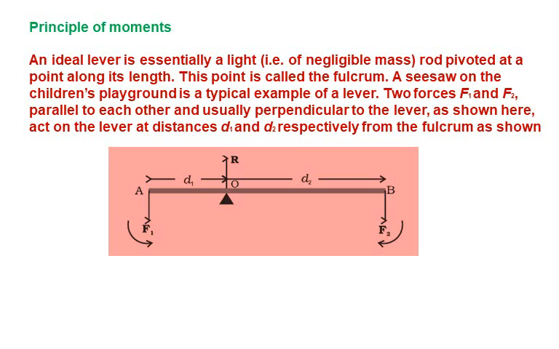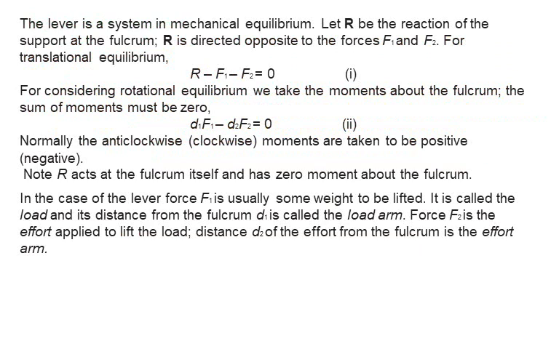Two forces F1 and F2 parallel to each other and usually perpendicular to lever as shown act on the lever at distances D1 and D2 respectively from the fulcrum. The lever is a system in mechanical equilibrium.